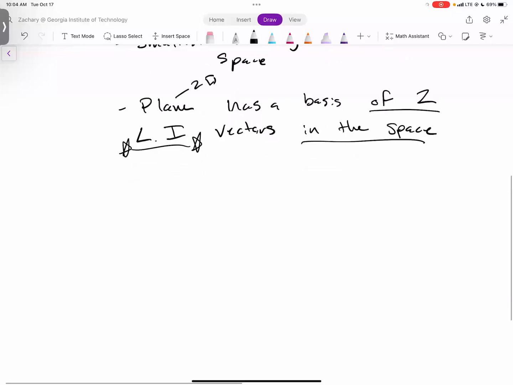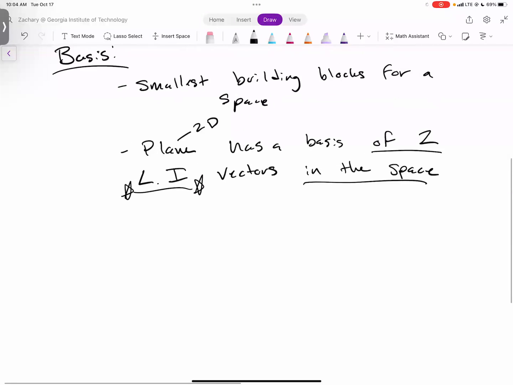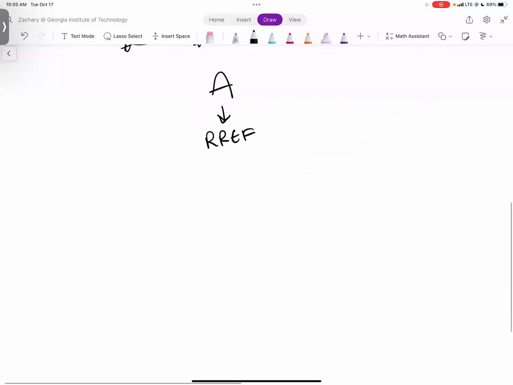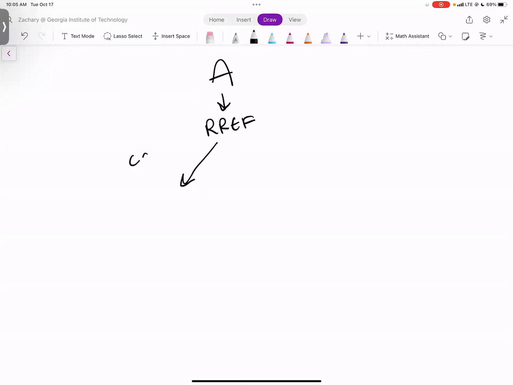So when being asked to find a basis, you're always going to start with a matrix A. And then in this class, the first thing you should always do is put it in reduced row echelon form. Always, always, always. Okay, or at least when in doubt. From here, if we're looking for a basis of the column space, what we do is we go from reduced row echelon form and we find our pivot columns.